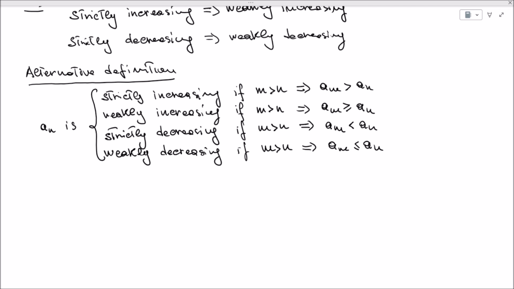Okay, so another important concept we want to define now is what are the bounds of a sequence. So we have another definition in place now.